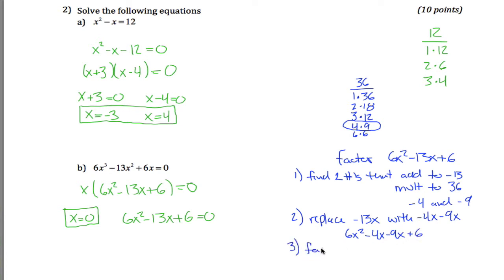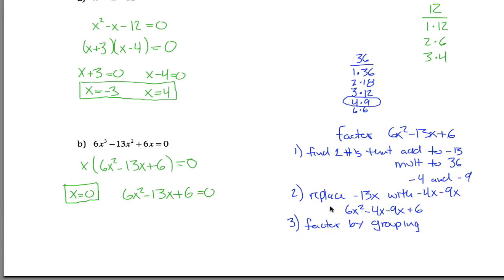And then finally, step 3 is factor by grouping. So to factor by grouping, you're like, I have 4 terms. If I grouped the first 2, their greatest common factor is 2x. And if I factored out a 2x from 6x squared, I'd be left with 3x. If I factored out a 2x from negative 4x, I'd be left with negative 2.